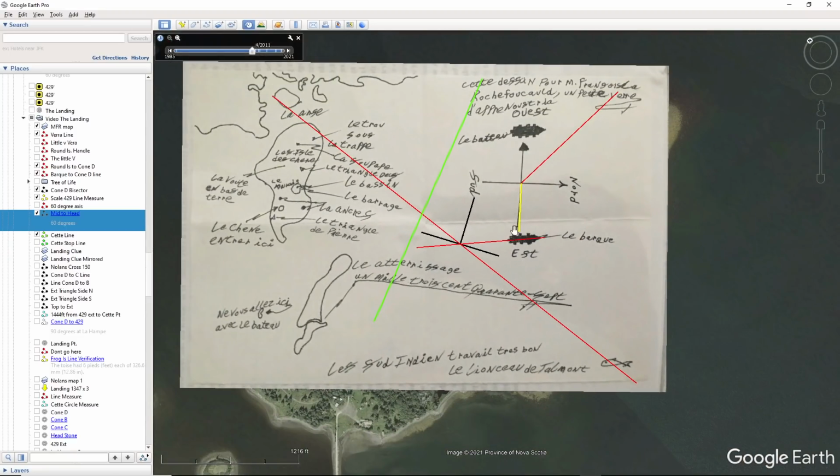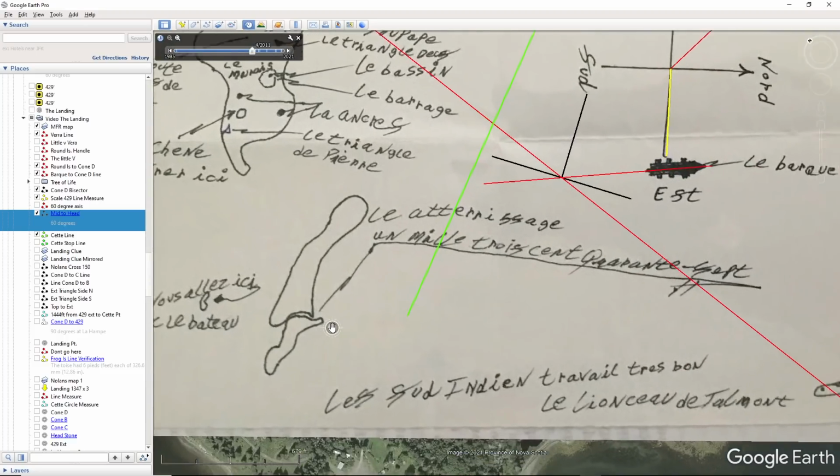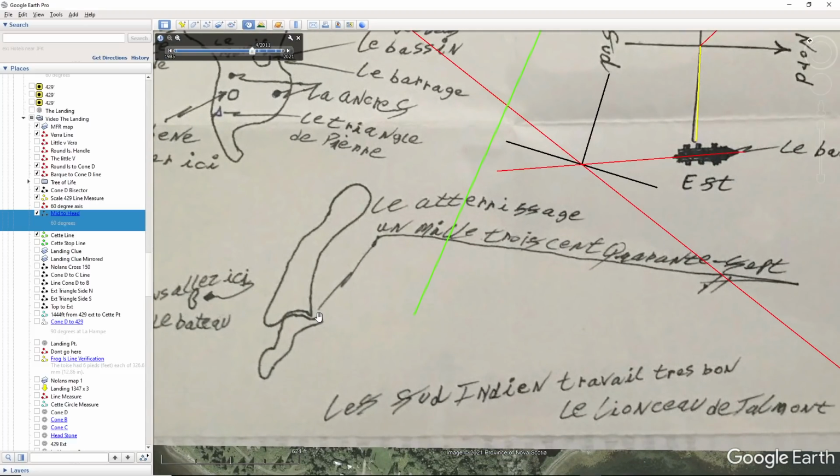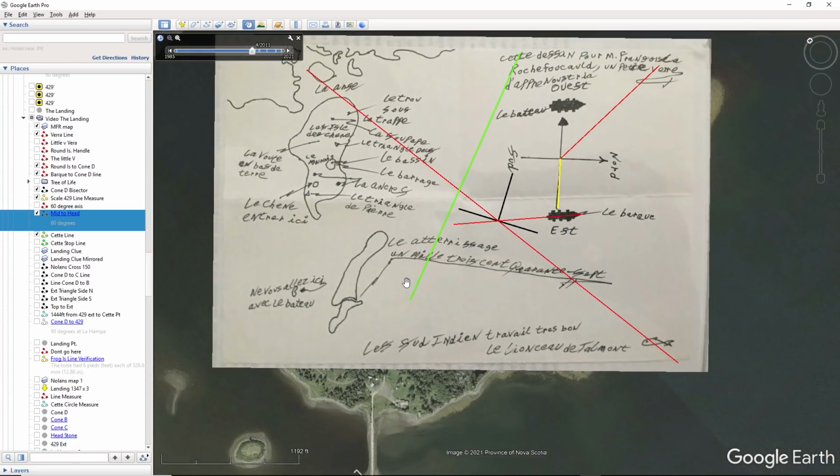Now, if we look at this diagram of the landing, we notice that we have this little pictorial here. We have this number 1347, and then it terminates over here off of a picture of Frog Island. And this is all going to come together.